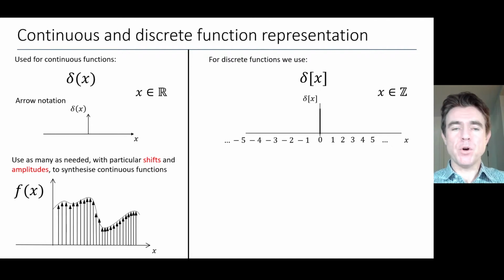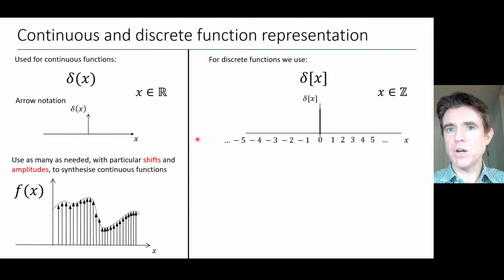Now I want to pick up on the discrete case, where we've now got some discrete Dirac delta function, which I'll be unpacking in more detail in a moment. But it's a very obvious generalization, or rather alternative description now in the discrete domain. So instead of having continuous x values, here I've got discrete integer values of x.